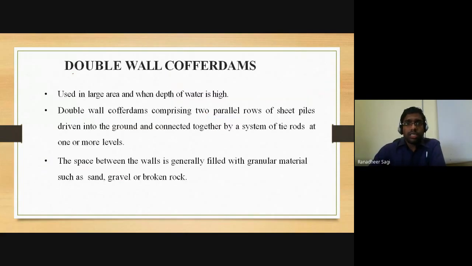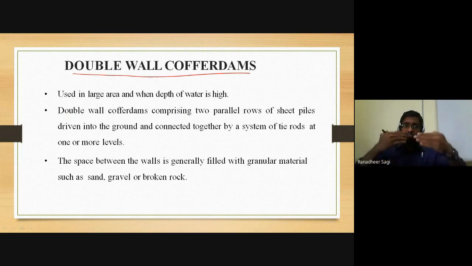Next is the double wall cofferdam. The double wall cofferdam is similar to your single wall cofferdam, except that in the case of the double wall cofferdam, you have a double protection in the construction. You have two independent walls which are once again structurally connected.